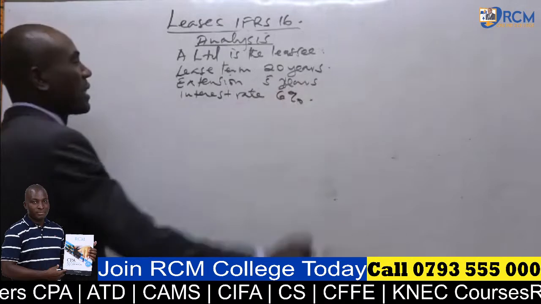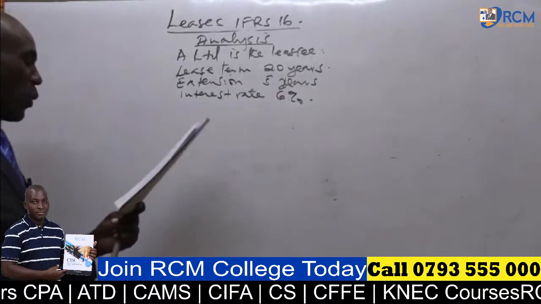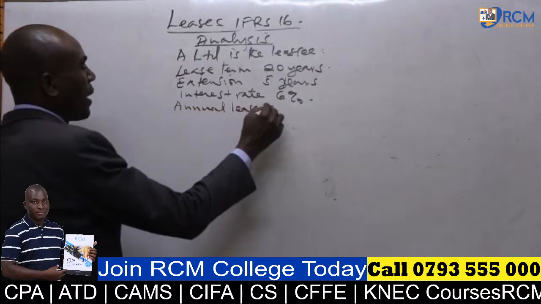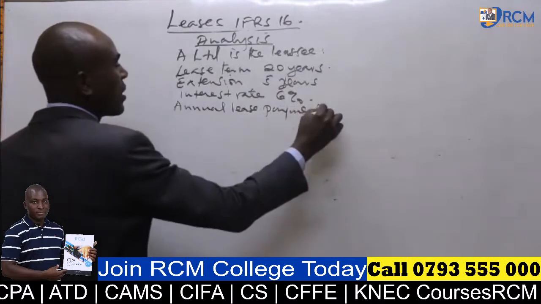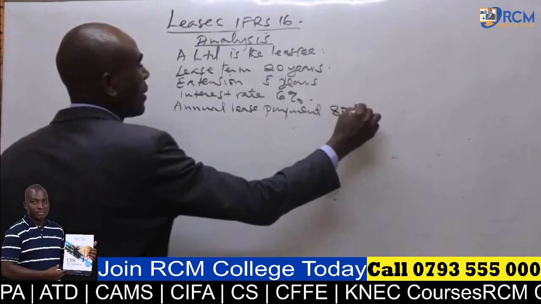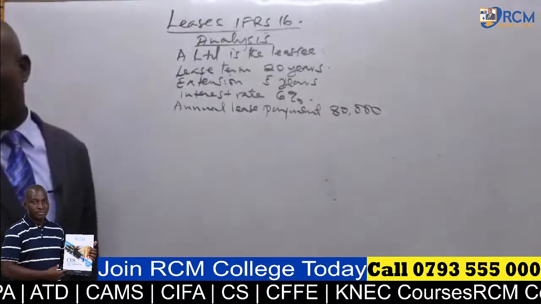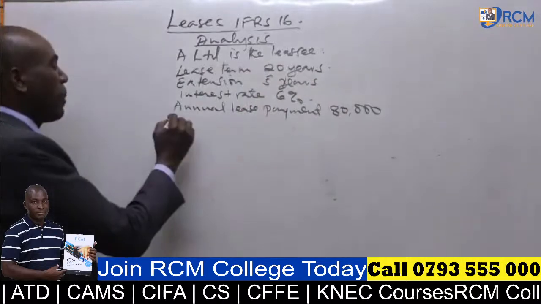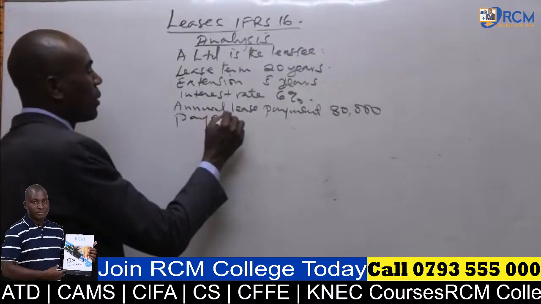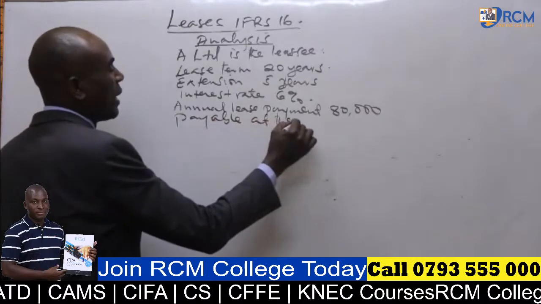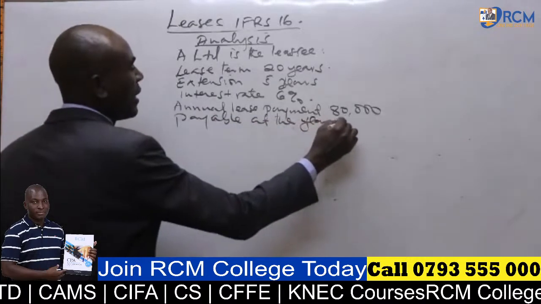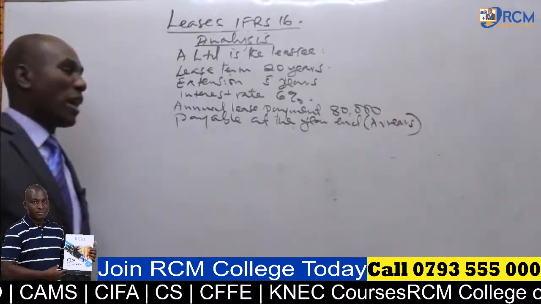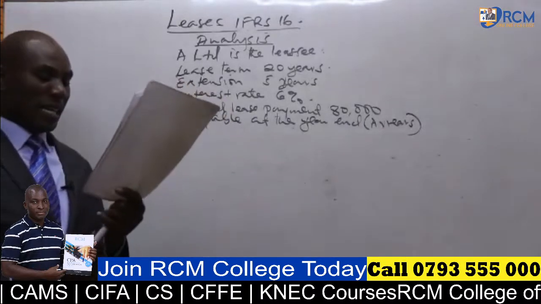Interest rate is 6%. Annual lease payment is shillings 80,000 during the initial term, payable at the year end, which is in arrears.